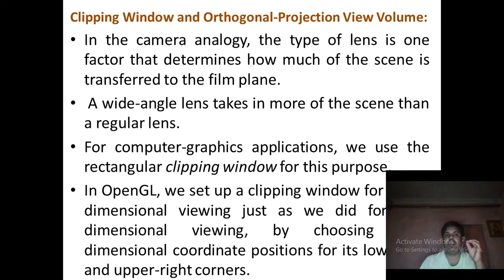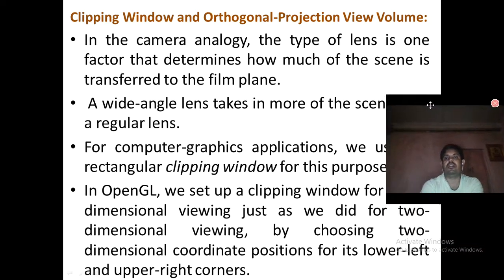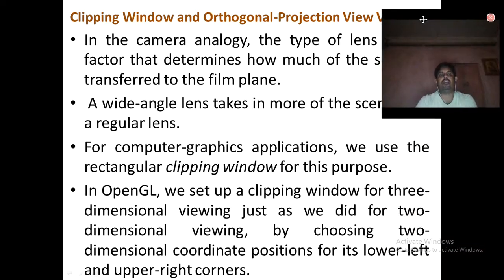That's why a wide angle lens takes more of the scene than a regular lens. If your lens has a wide angle, then definitely it will cover more of the image in your camera. If the angle of your lens is very small, then it will cover very little of the real world, right. That is what our camera does. Then the same has to be done in OpenGL, in computer graphics.